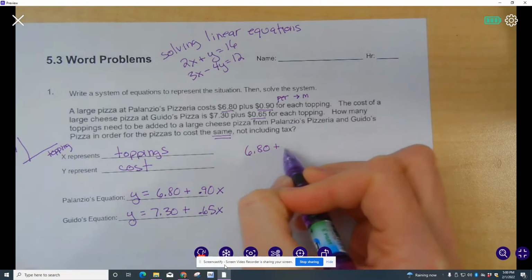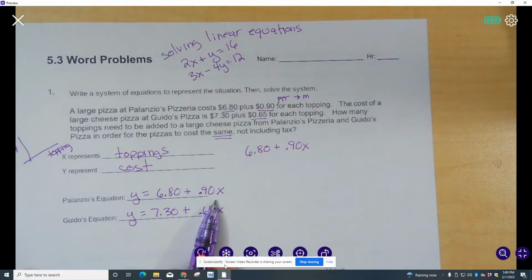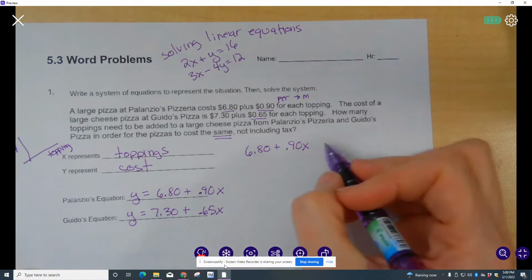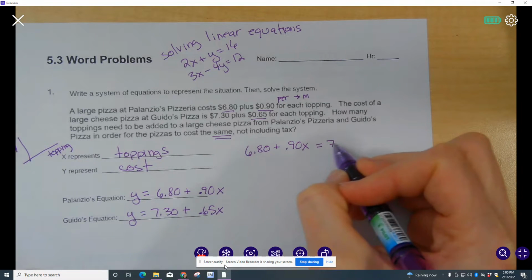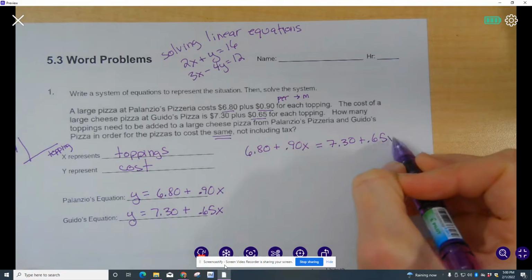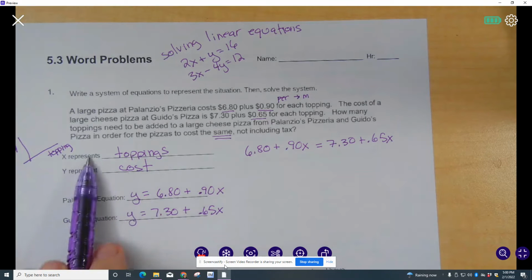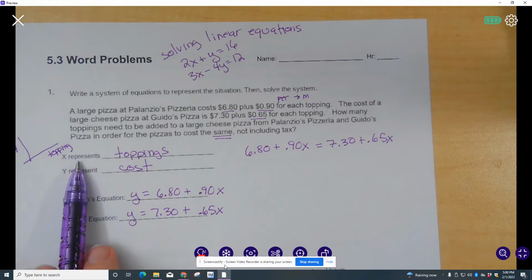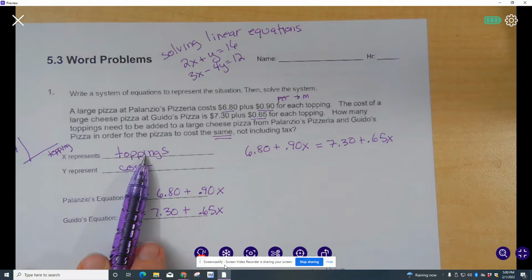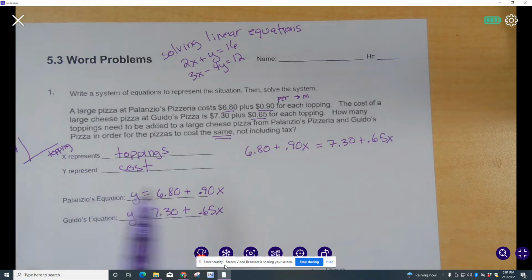So I would take my first equation, $6.80 plus 90 cents per topping, and set it equal to the cost of the other pizza. Then I'm going to solve for x and y. When I solve for x, I'll know how many toppings I get when the cost is the same, and when I solve for y, I'll know what that cost is.